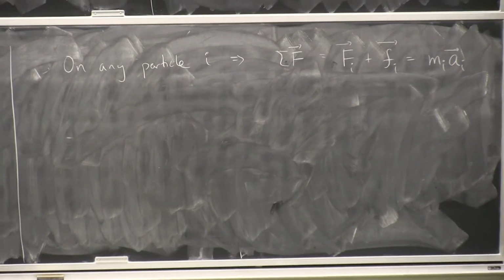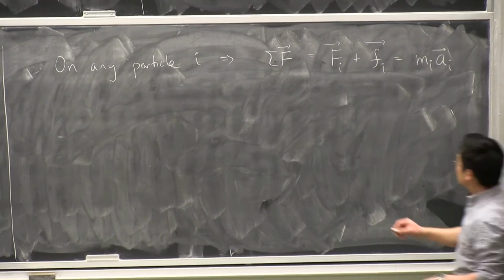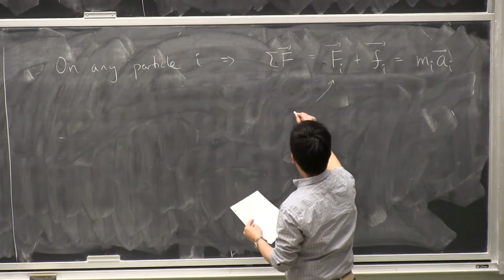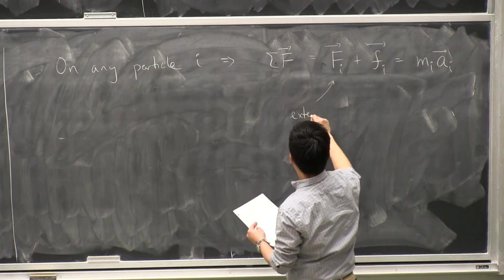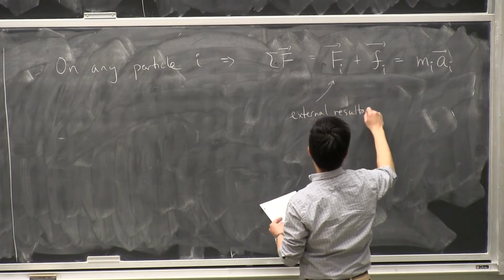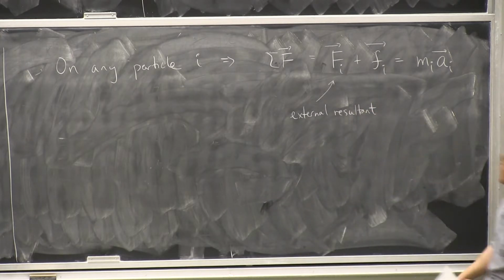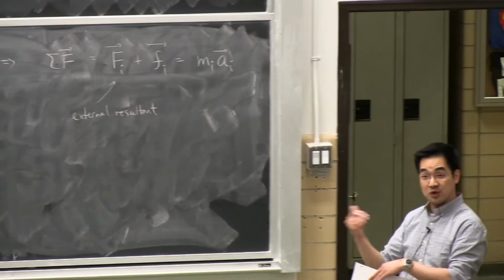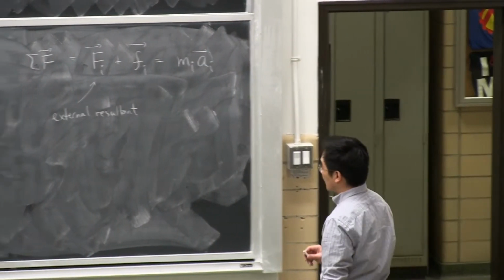And so what do capital Fi and little fi mean? Capital Fi is defined as the external resultant force, meaning all of the external forces that act on a given component, including gravity, including any normal force from a surface outside of the whole body.